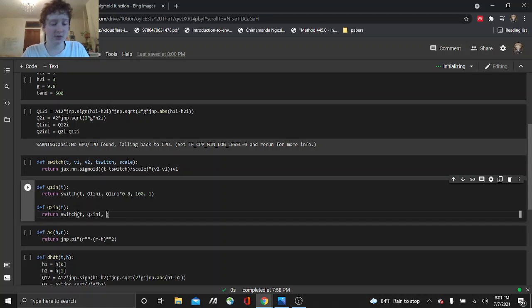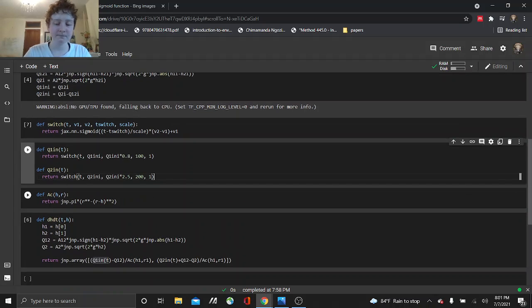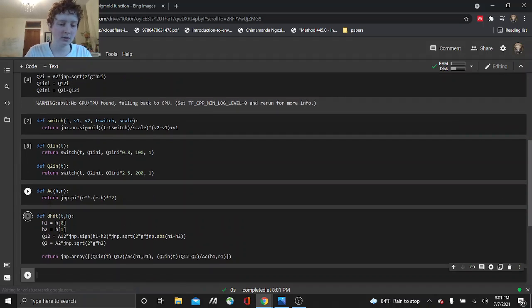So that's Q2 in initial multiplied by 2.5. The time of the switch is 200 seconds, and our scale is 1. Let's see how that works. Okay, that's good.